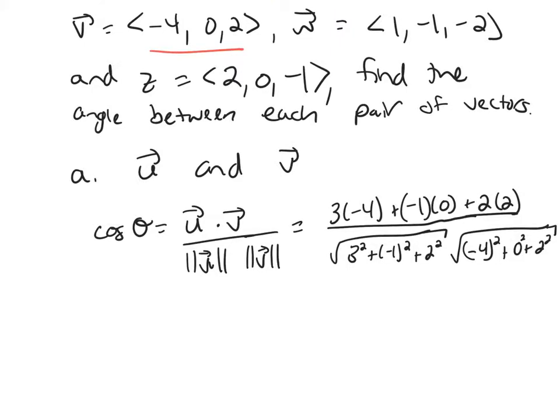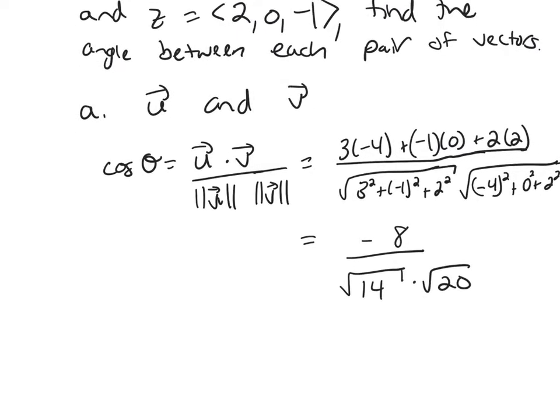So if you simplify the numerator, you'll get -8 over the square root of 14 times the square root of 20. And you can simplify that down into -4 over the square root of 70. And that's what cosine of theta is.